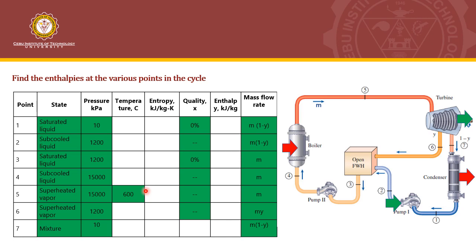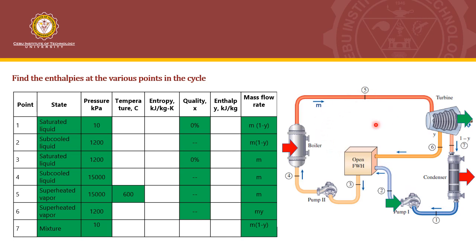Another important component that you need to understand here is the mass flow rate that is flowing through each of the components. Because unlike the previous cycles that we analyzed so far, in the regenerative Rankine cycle, the mass flow rate at the components will vary depending on which loop it belongs to.